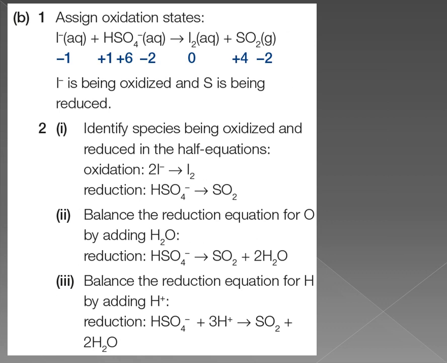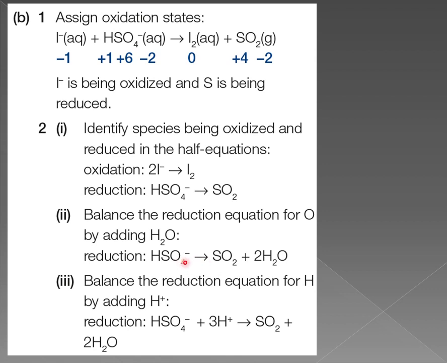Next question. Again, we need to calculate the oxidation number for each one and determine the oxidation equation and reduction equation. Then, as you can see in the reduction equation, hydrogen sulfate gives sulfur dioxide.